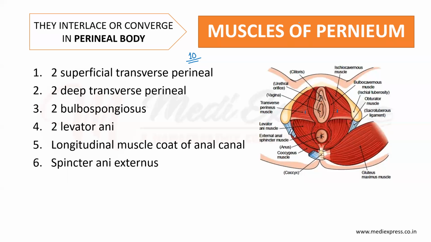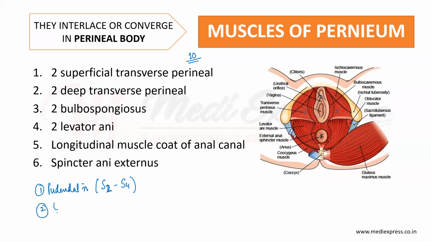A little information you need to know regarding the neurovascular supply of perineum. So remember, perineum is being supplied by pudendal nerve having a root value of S2 to S4.